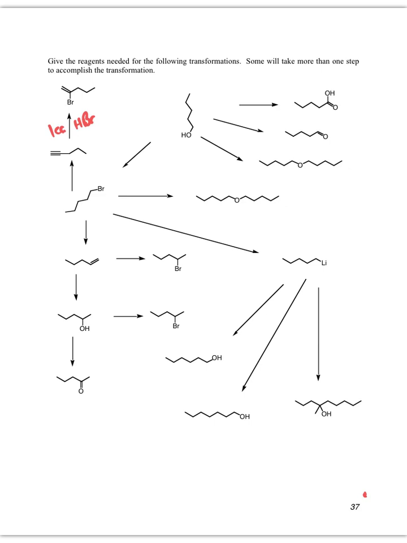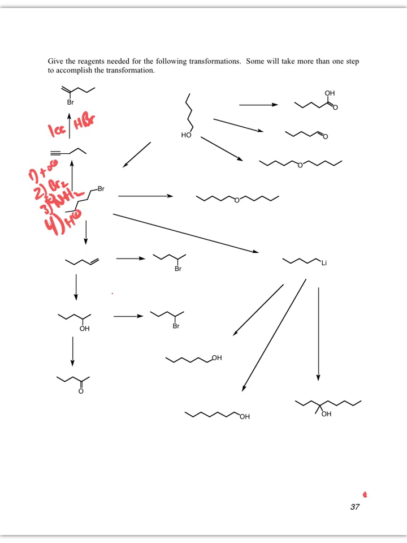To make the triple bond, we have to eliminate the primary bromide with t-butoxide, brominate the alkene, and then the amide ion, followed by, oh, that's way too thin, sorry, followed by acid gives us the terminal alkyne.